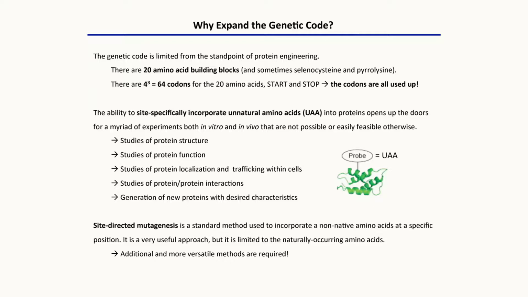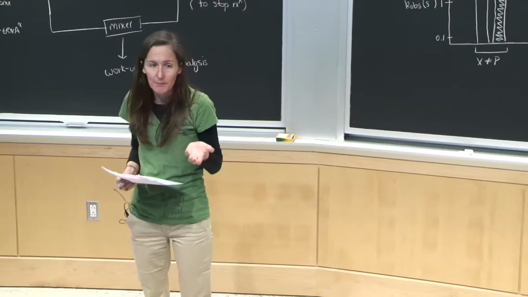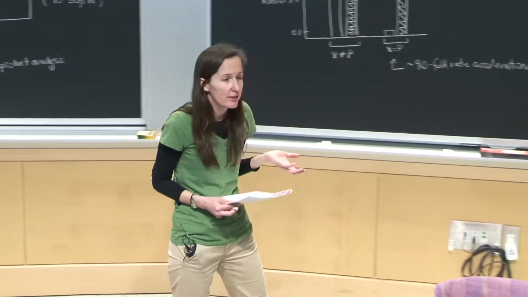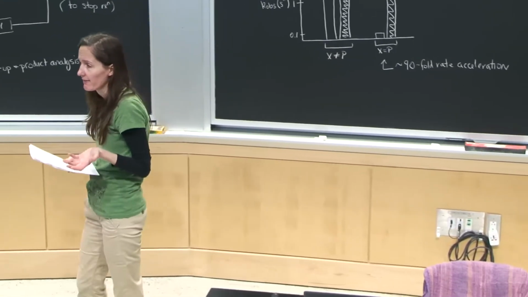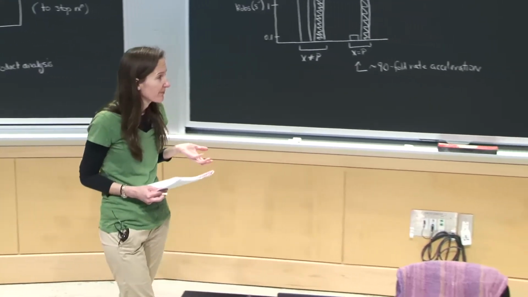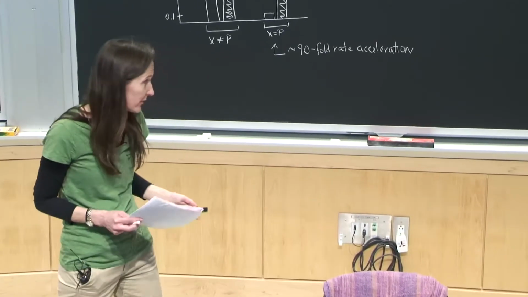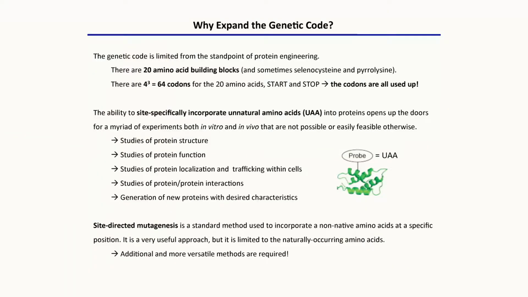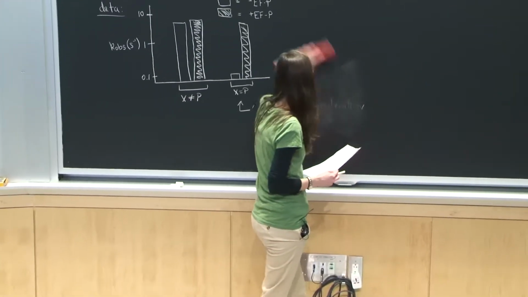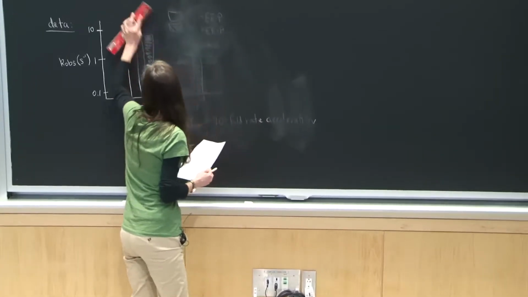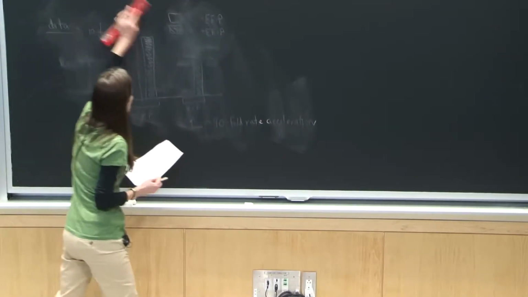Just to keep in mind, what do many of us do? Many of us are familiar with site-directed mutagenesis, where we can change an amino acid in a protein. We learn many, many things from this, but it is limited to naturally occurring amino acids. So we'd like something more versatile. If we think about strategies also just a little bit, backing up.